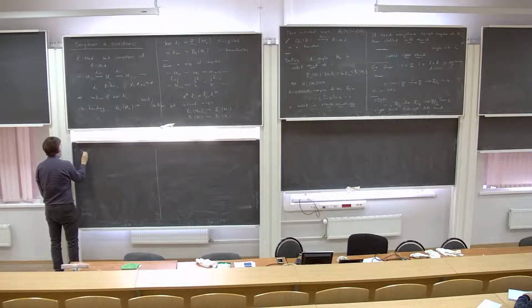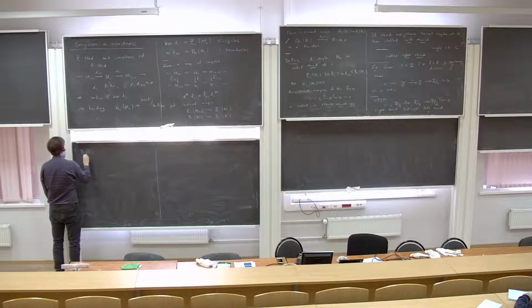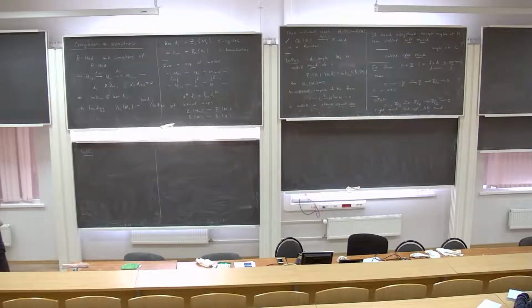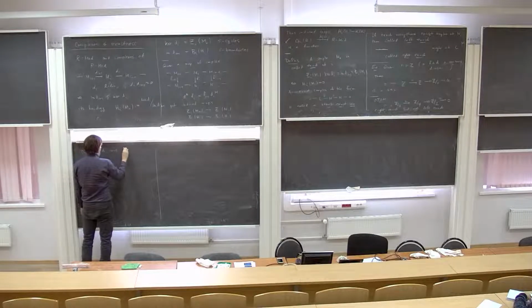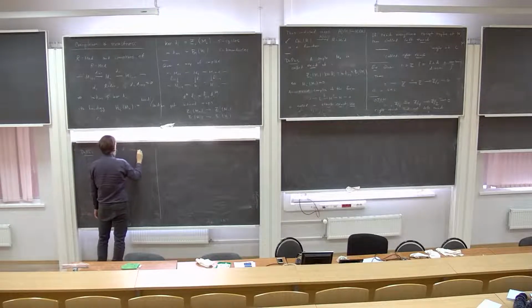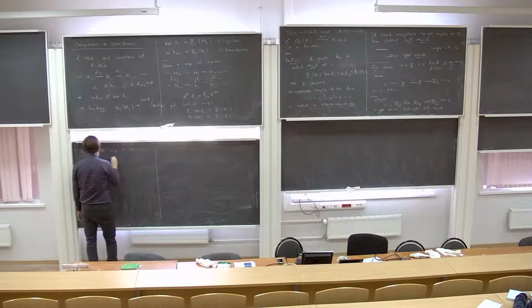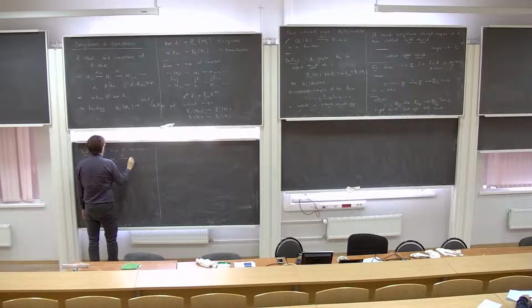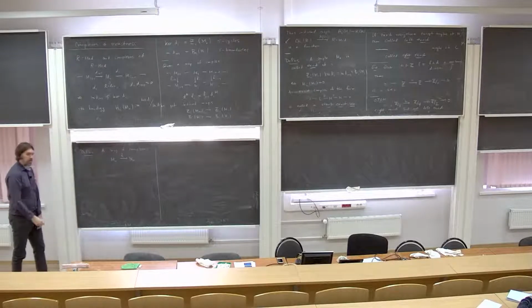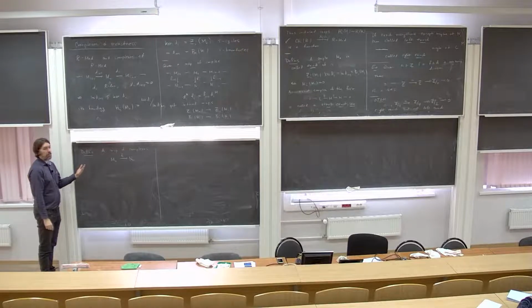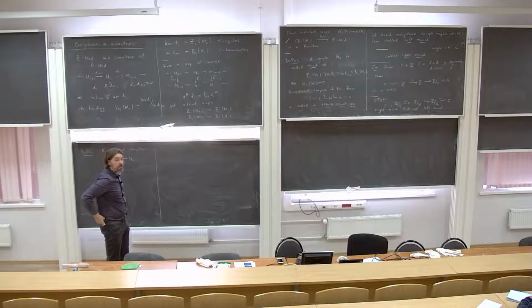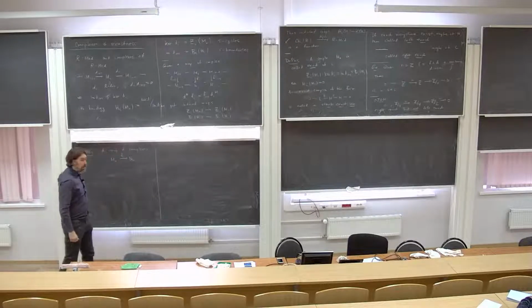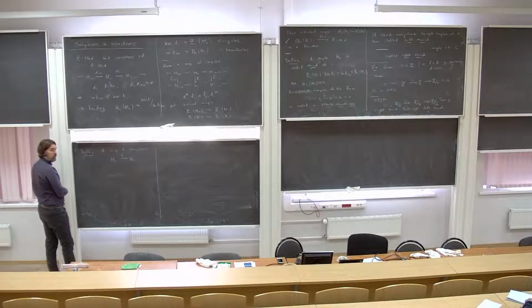So let me give a few more definitions related to this. So if I'm given a map of complexes, it could be an isomorphism. That would just mean each of these maps f_i was an isomorphism. This is very strong. Okay, it can happen, but the following thing happens much more often and is a more useful notion.